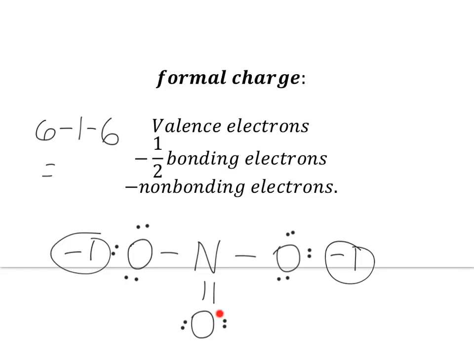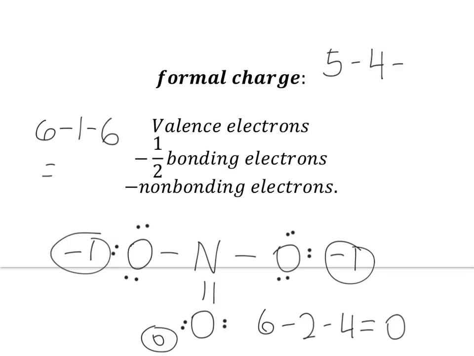The bottom oxygen would be 6 minus 2 for the bonding electrons, and minus the non-bonding electrons, which are 4, which gets you 0. Nitrogen, lastly, is 5 minus 4, and then minus 0, because there's no non-bonding electrons on nitrogen. That gives it a +1.